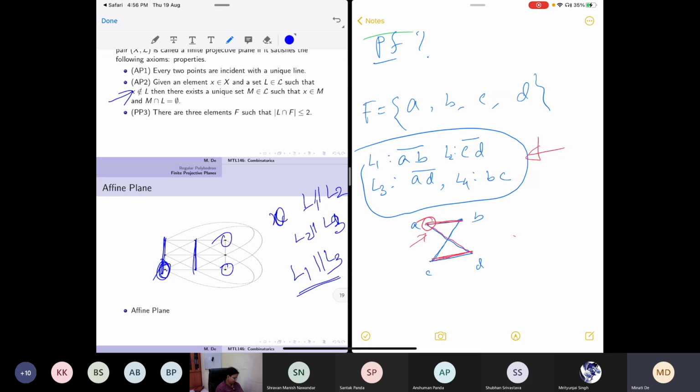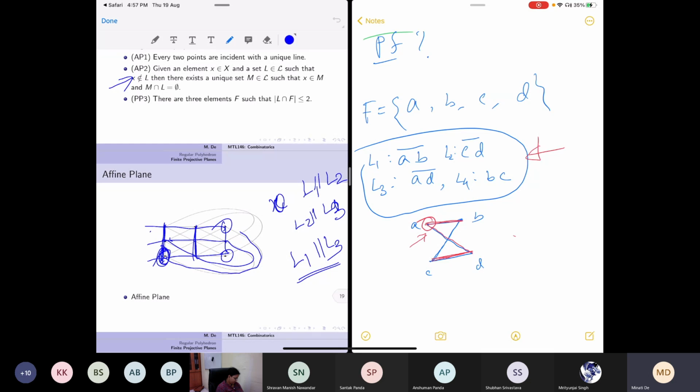For example, here it is true, right? This is one class which are parallel to each other. Similarly, you can draw this set of lines which are parallel, right? Similarly, you can draw this line which is parallel to this line, right? Okay, let me redraw this drawing. Yeah.